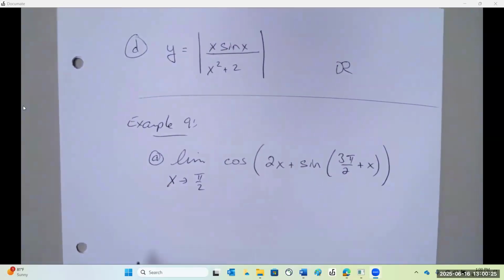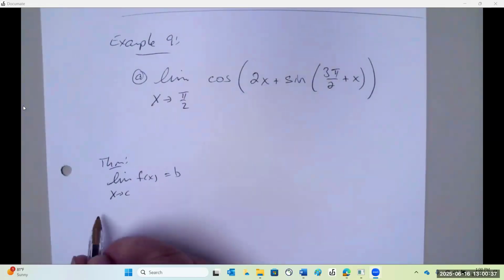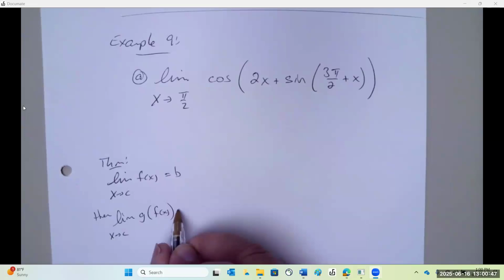This one, the theorem that we're using is this. If the limit as x approaches c of our function f of x equals some value b, then the limit as x approaches c of g of f of x equals g of b.